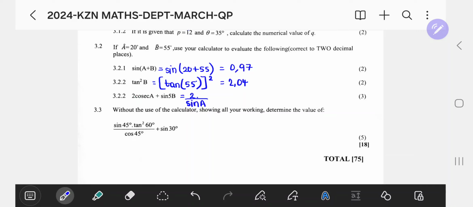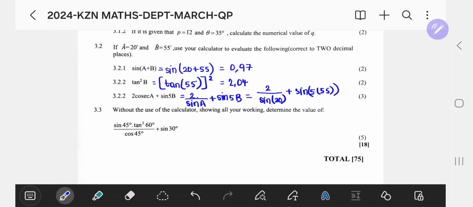Because remember, the A stays in the bracket, right? And then we have plus sine of 5B. Now let's substitute. It's going to be 2 over sine 20 plus sine of 5 times 55.